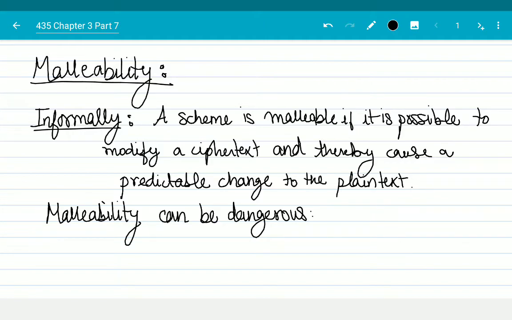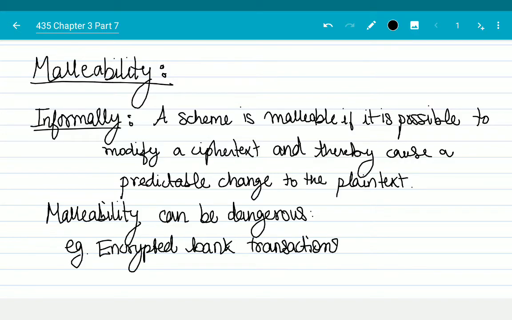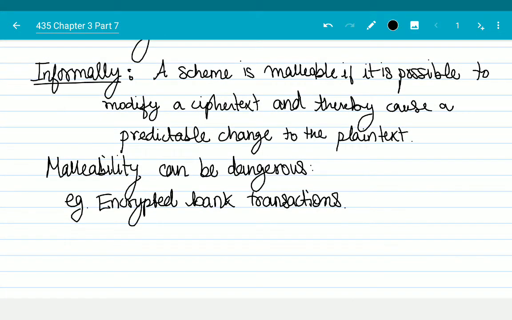For example, if you have encrypted bank transactions, suppose I can change something and send a message. That is going to cause a lot of trouble, right?